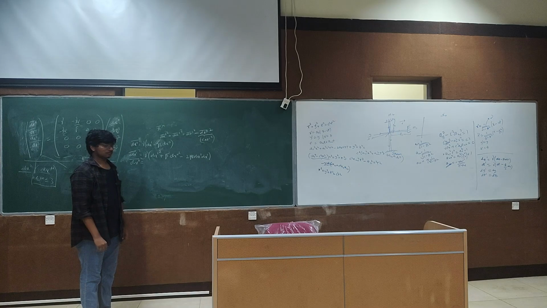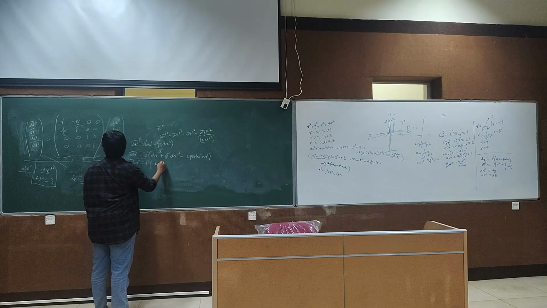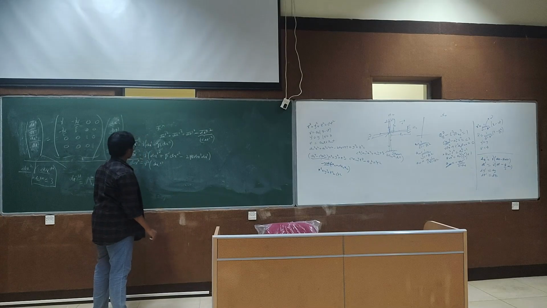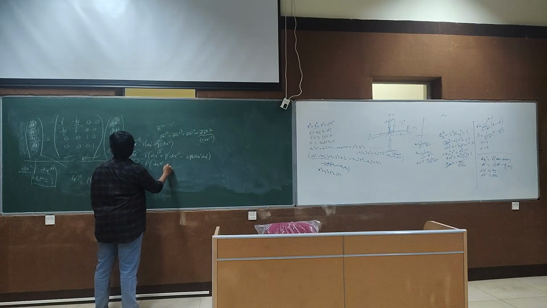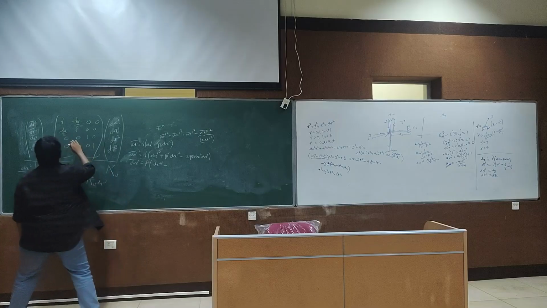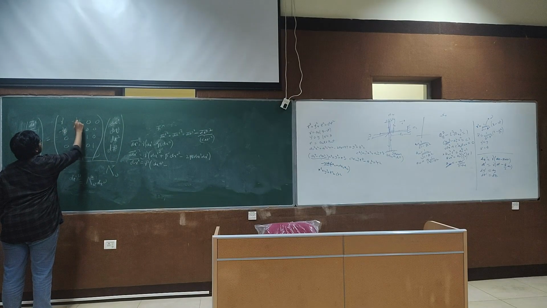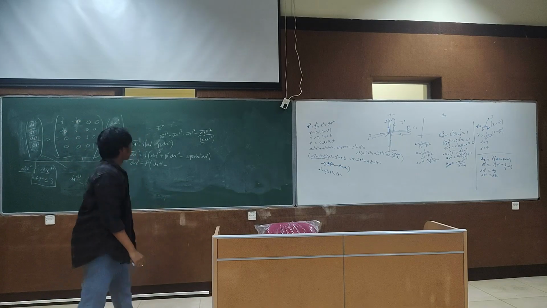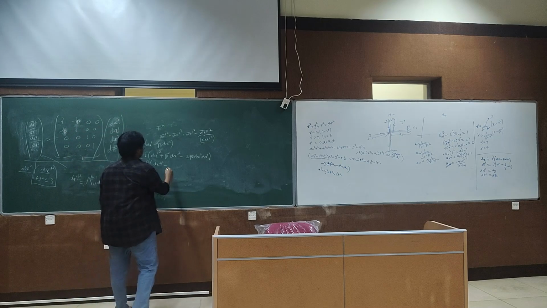Gamma dx0, minus v by c, beta. Let me also replace this with beta. Okay, minus beta dx1.